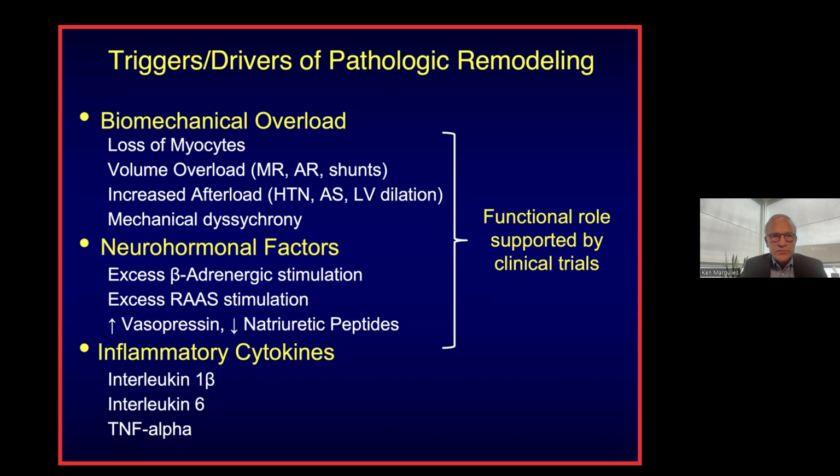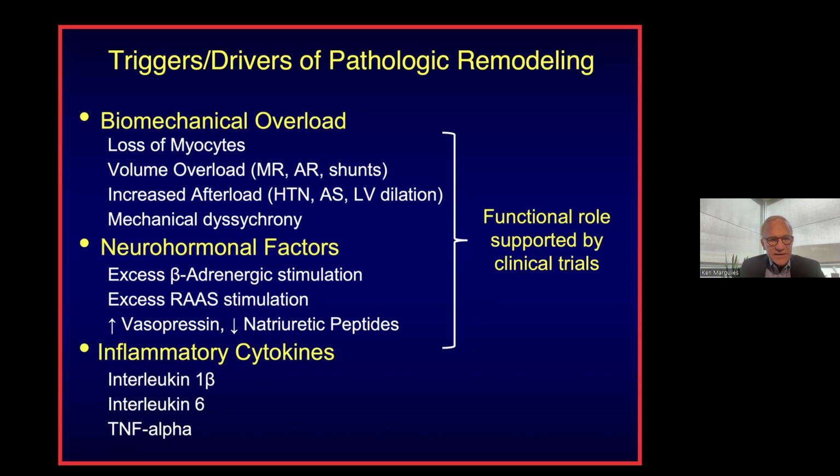Neurohormonal factors are also triggers of pathologic remodeling, and we'll discuss those in some depth in the slides ahead. Excess beta-adrenergic stimulation, excess renin-angiotensin system activation, vasopressin, natriuretic peptide decreases, which otherwise would tend to mitigate pathologic remodeling, may also be a factor here. And then, as I highlighted, inflammatory cytokines as listed below.